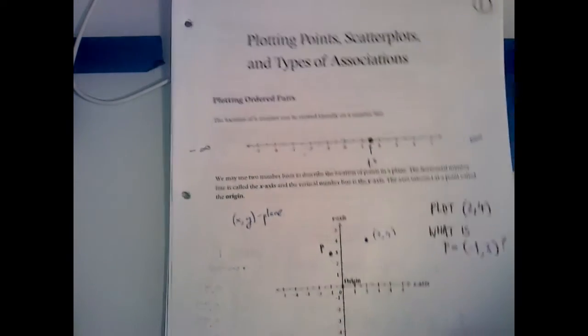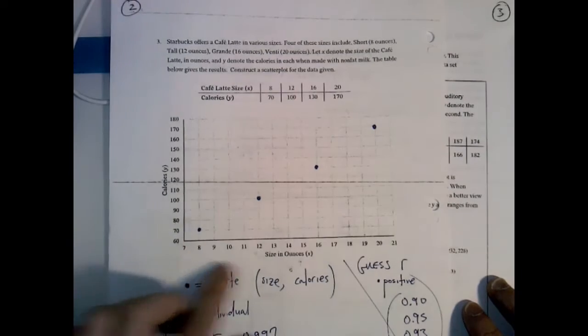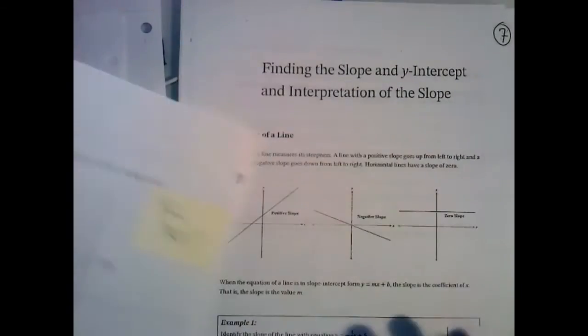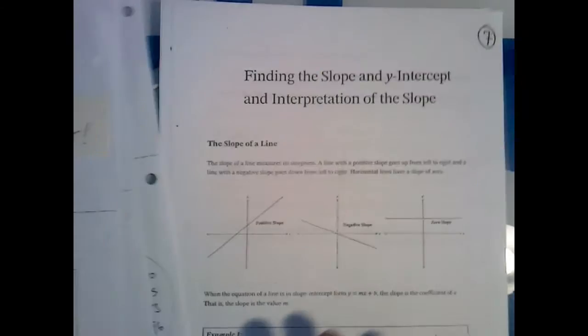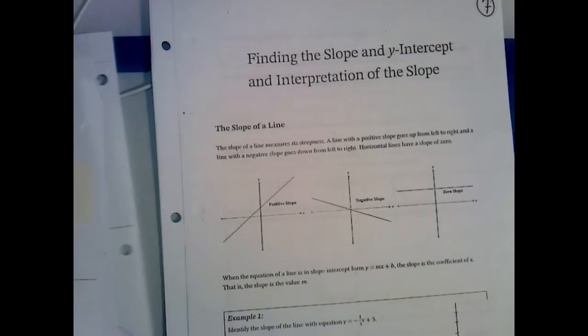We talked about page 1, and on page 2 we talked about the Starbucks cafe latte sizes versus calories. So we're going to skip to page 7, which is where we start talking about lines. This is about finding the slope and the y-intercept of a line and also interpreting the slope.